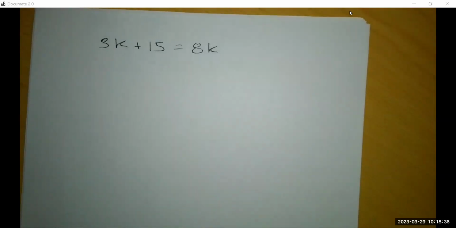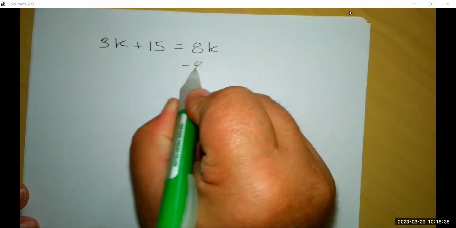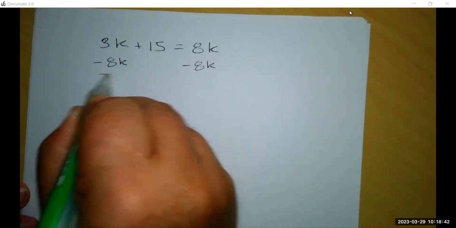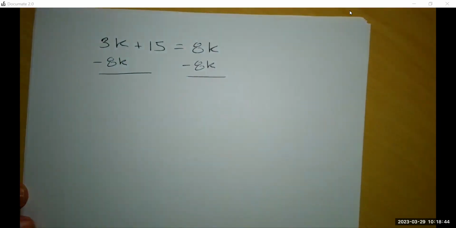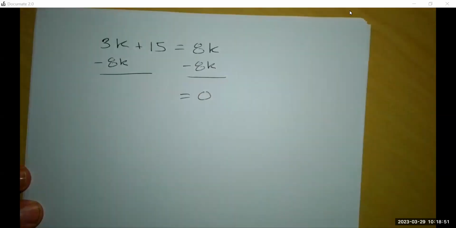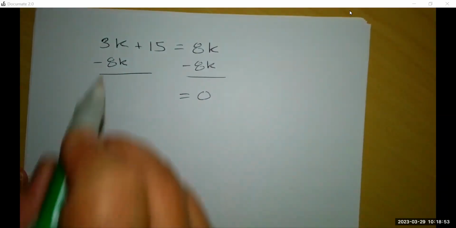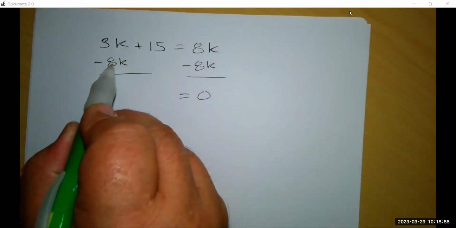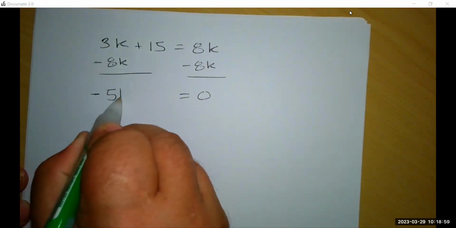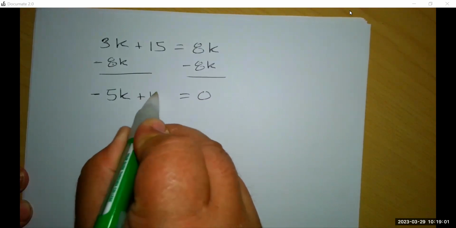Let's say you want K's on the left side. What if we subtract 8K from both sides? Here on the right-hand side, 8 minus 8 is 0. 3 minus 8. 8's bigger, so it's negative. 8 minus 3 is 5. Plus 15.